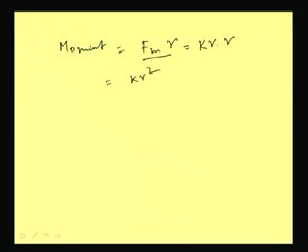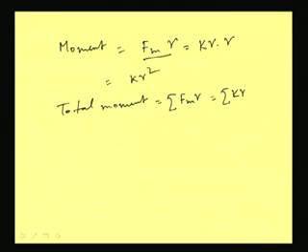The moment we are getting on the rivet will be Fm into r. So, Fm is nothing but K into r, as we have seen earlier, and into r, so this will become Kr square. Total moment on the rivet will be the summation of Fm into r, so the summation of Kr square.